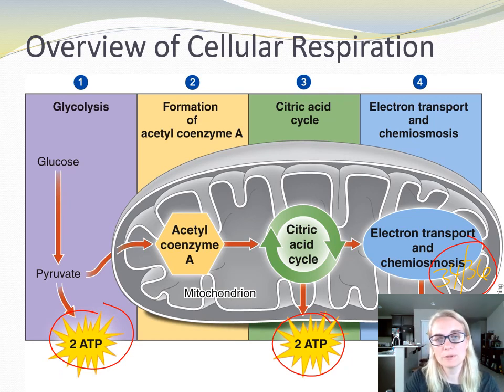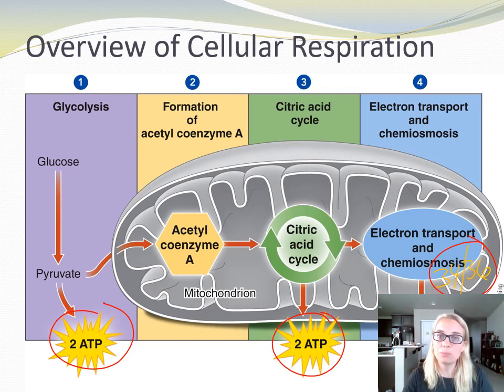Like when you go travel to a different country, you have to turn your dollars into pesos or francs or yen or wherever you're going. We have to have a mechanism in the cell to convert the energy that's stored in those chemical bonds of carbohydrates and lipids and proteins and turn them into the form of energy that our cells can use, which is ATP. So that's kind of the big picture.